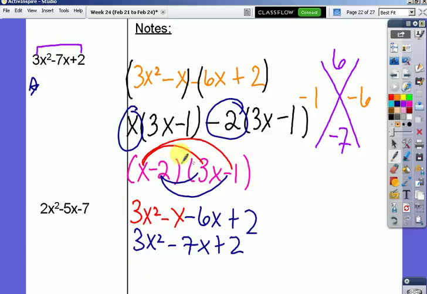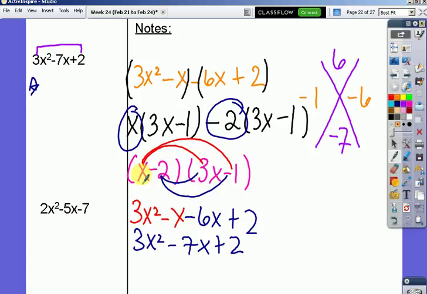This one? No. This one. You factor out a GCF for these two, and you get x. You factor out a GCF for these two, and you get -2. Yeah? Because you want to be able to get this in the end. In the parentheses, 3x minus 1.